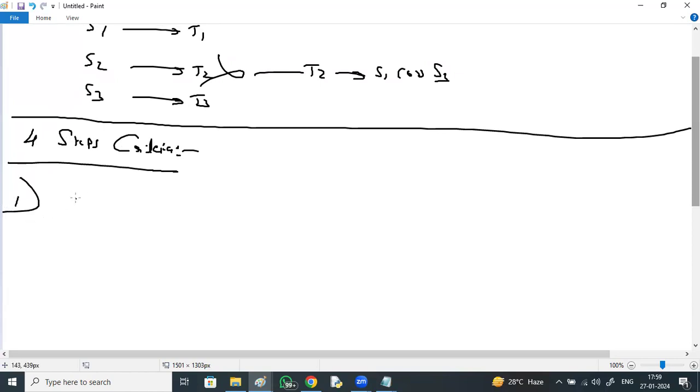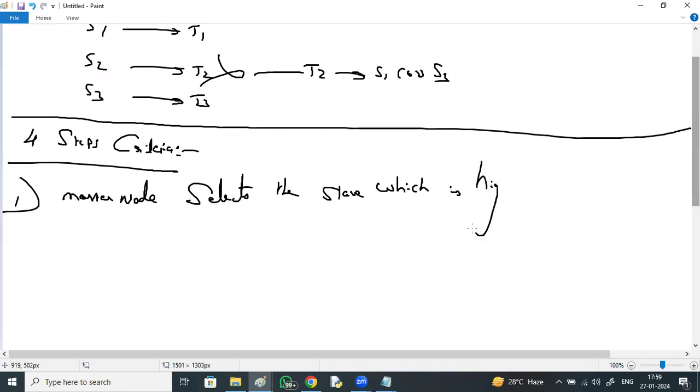First one: the master node selects the slave which is highly configured, which means it has high hardware configuration.